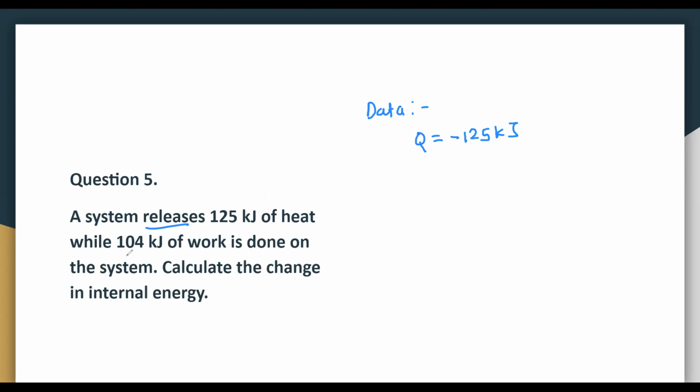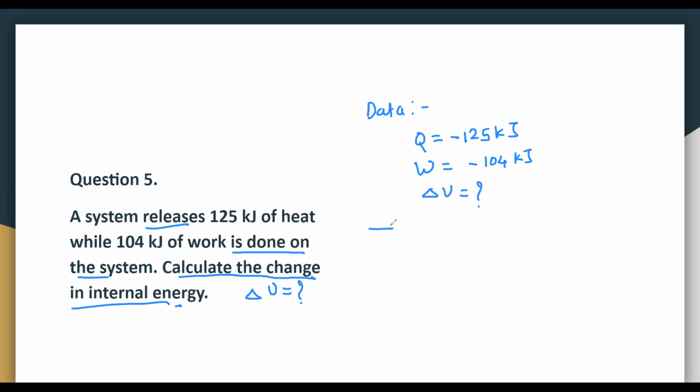Then again, while 104 kilojoule of work is done on the system, here as it is mentioned work is done on the system, that is why we'll write W is equal to minus 104 kilojoule. Now here it is given calculate the change in internal energy. It means we need to find out del U value. Del is change, U is internal energy. So del U is equal to question mark.